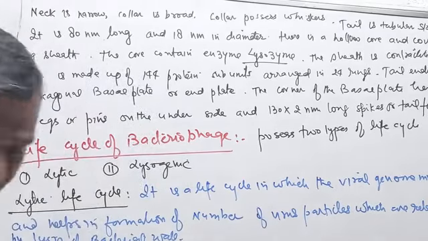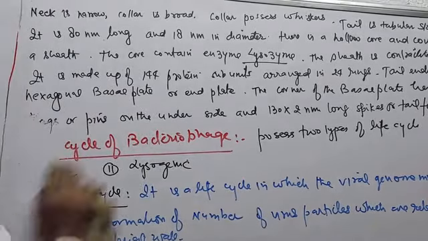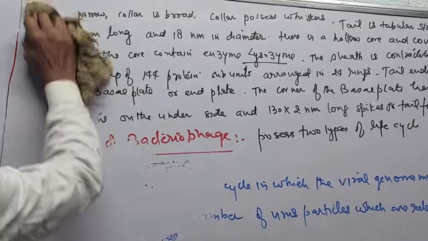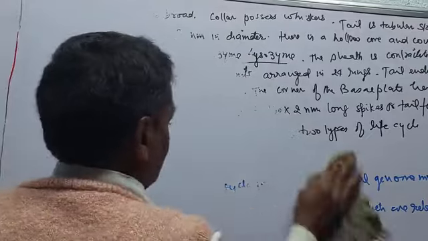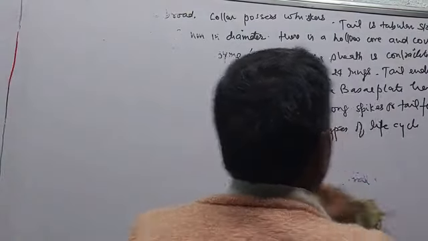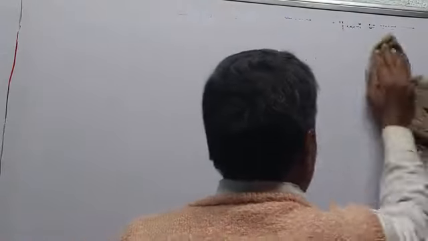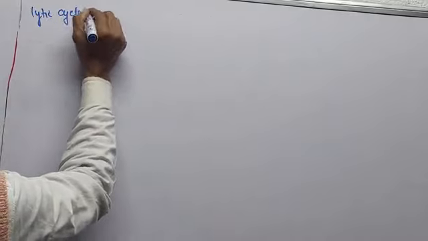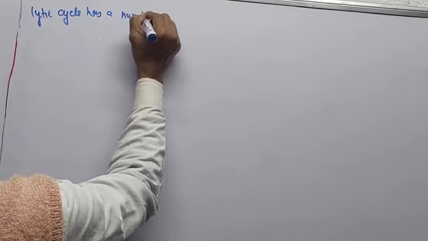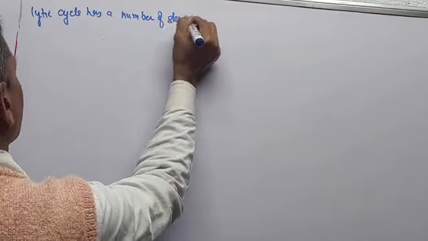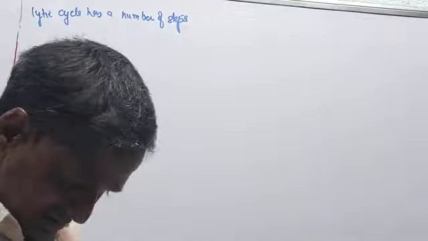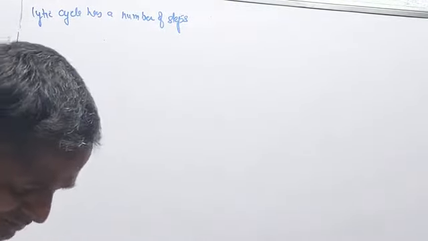The lytic cycle has a number of steps which are grouped into 4 phases.